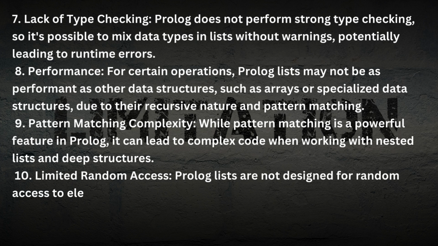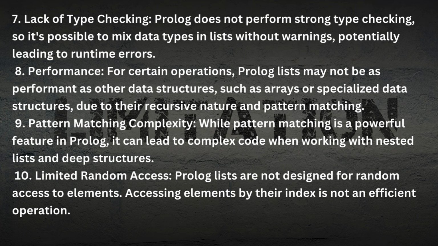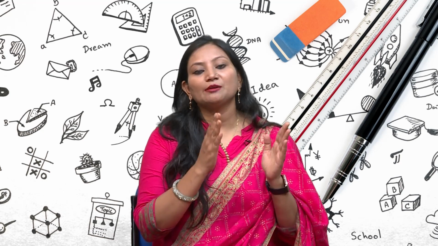Prolog lists are not designed for random access to elements. Accessing elements by their index is not an efficient operation. Despite this limitation, Prolog lists remain a versatile and valuable data structure for many symbolic reasoning and knowledge representation tasks in Prolog.